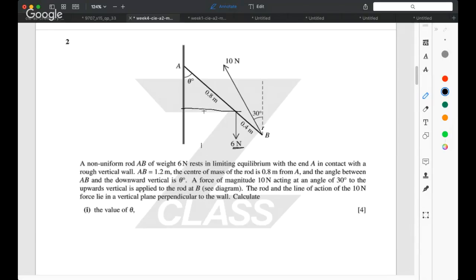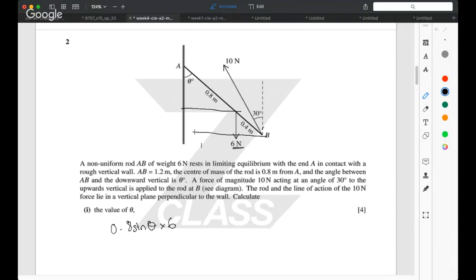Okay, so this equals 0.8 sine theta times 6. And then you have this distance, which is what?